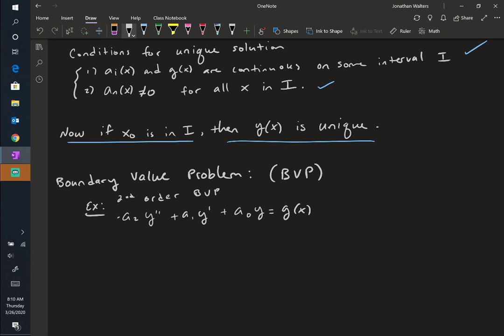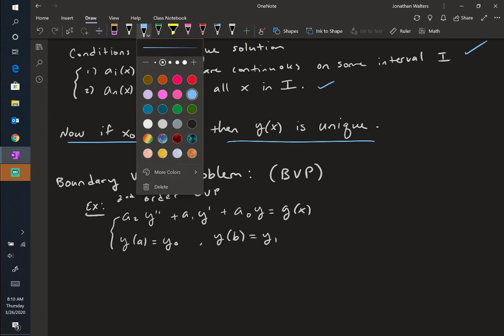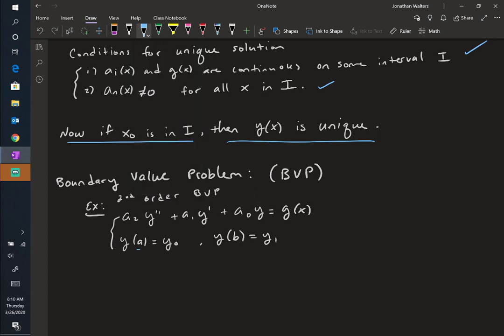And we might have the conditions y of a equals y0 and y of b equals y1. That would be a second order boundary value problem, because I have basically just y being evaluated at two different x values, so a and b. So that's a boundary value problem.